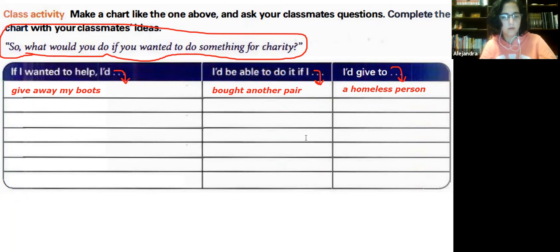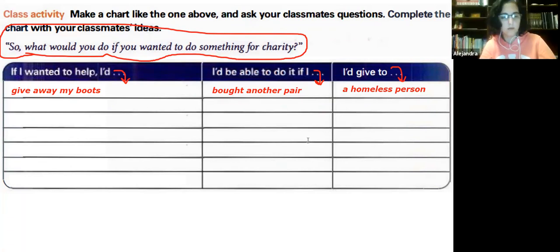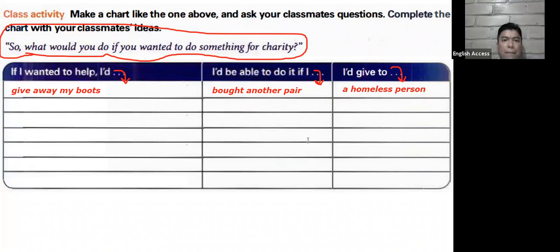Uh-oh. There you go. Perfect. Let's go, guys. I'll send you the screen in just a second.